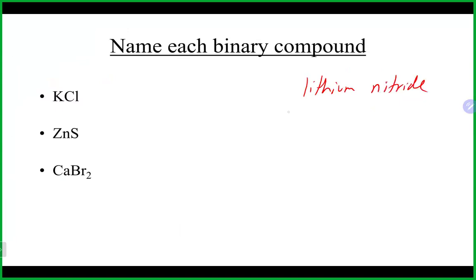Let's do a little barium oxide. And let's do aluminum bromide. All right, so correct names on the left, correct formulas on the right. See what you come up with.